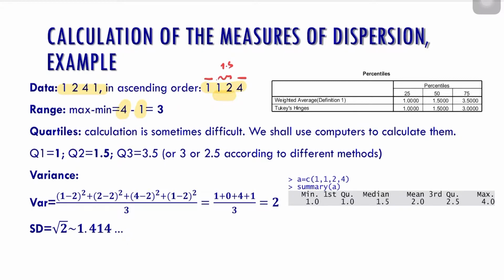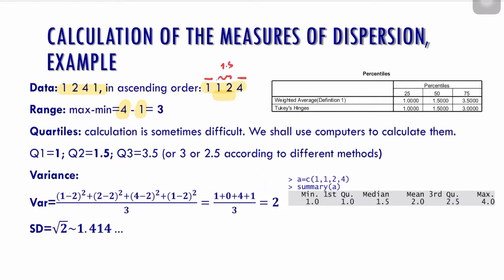And for the third one, between these two, for 75%, it is 3.5. As you see, it can be 3 or 2.5 according to different methods.